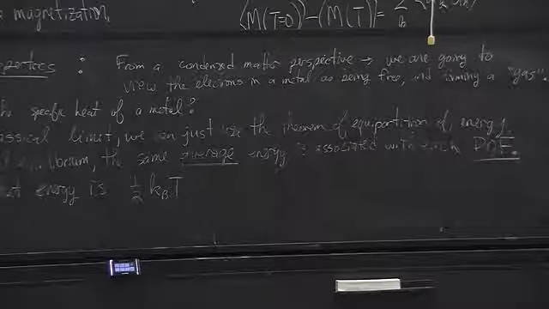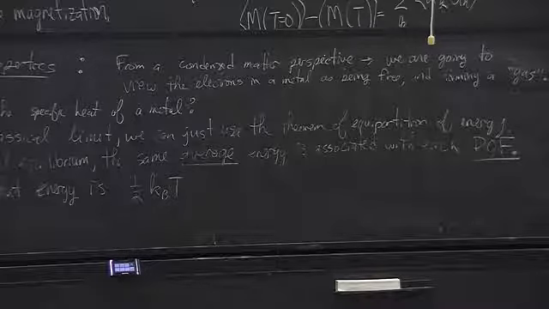And that just comes from the equipartition of energy theorem. You take 1/2 mv squared, apply the Maxwell-Boltzmann distribution, and you'll get 1/2 kBT per degree of freedom.